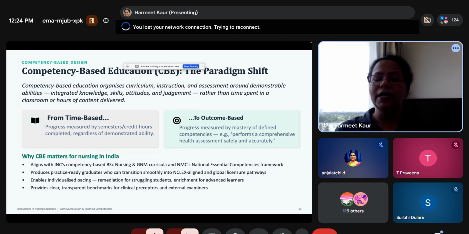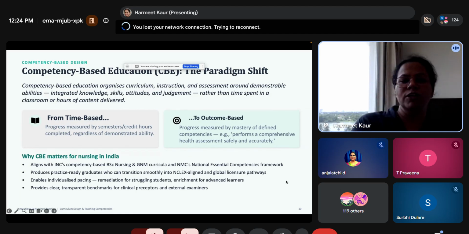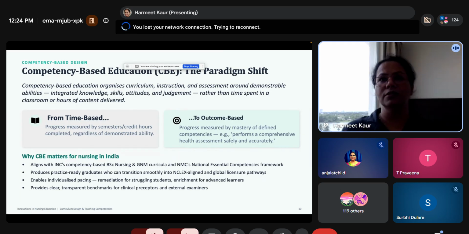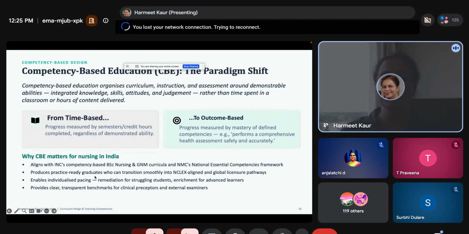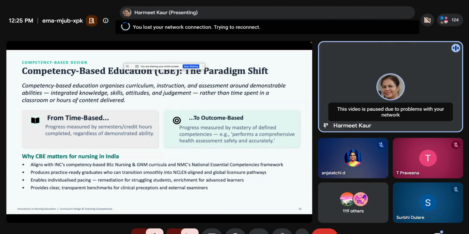The national essential competency framework is also there for healthcare professionals, which is not only about functional abilities, but also about practice-ready graduates who can transition smoothly into global pathways also.